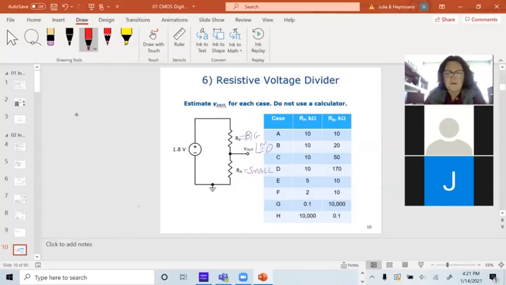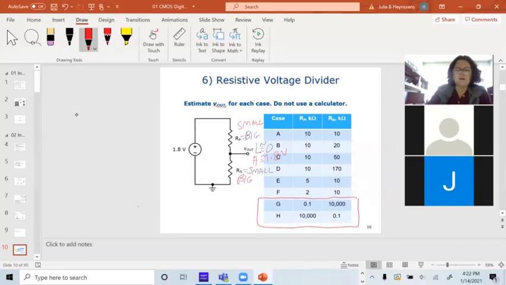Now, if I flip that around, and my output is high, then I would want this resistor to be as big as I possibly can. I would want this one to be as small as I possibly can to pull my output up to high, as close to VDD, which is 1.8 in this case, as I possibly can. So ideally what I want is situations that look like this.